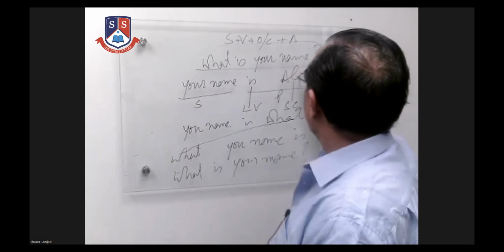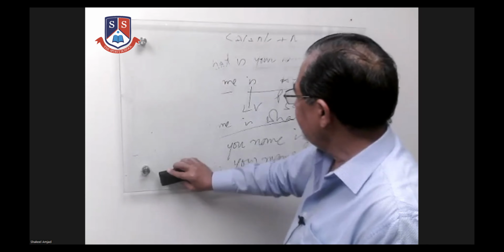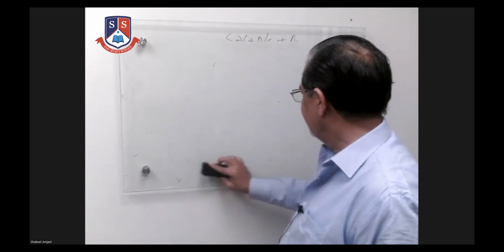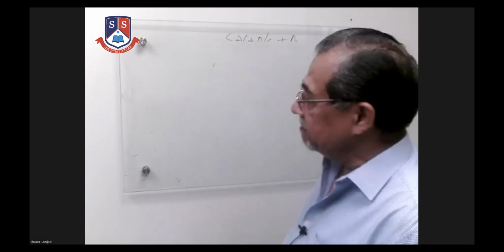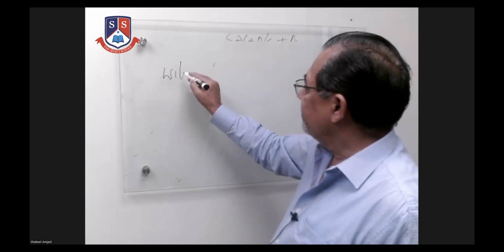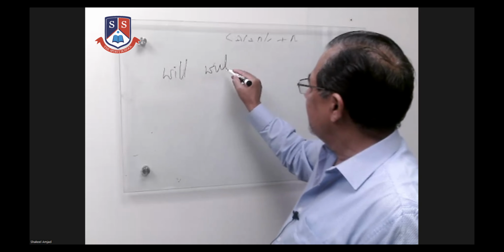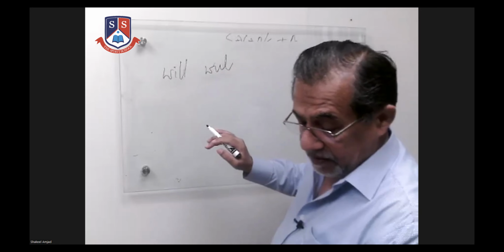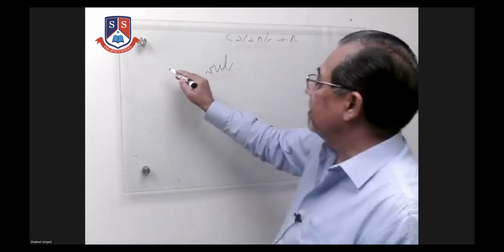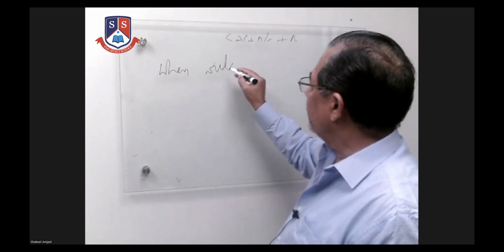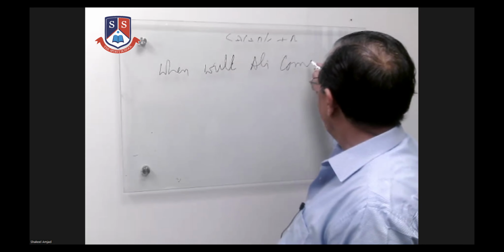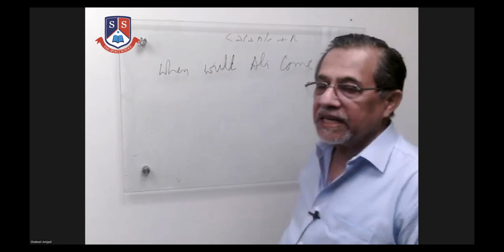Similarly, when will Ali come? So it's an interrogative sentence.